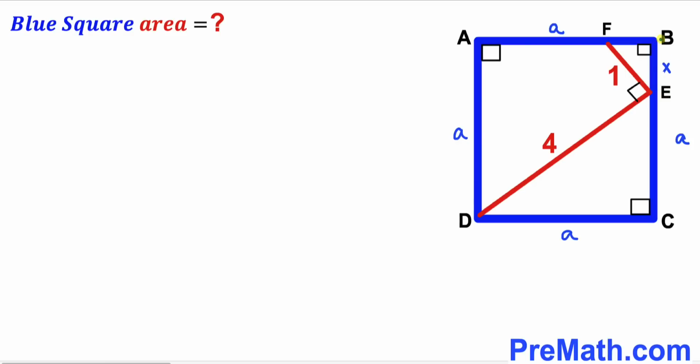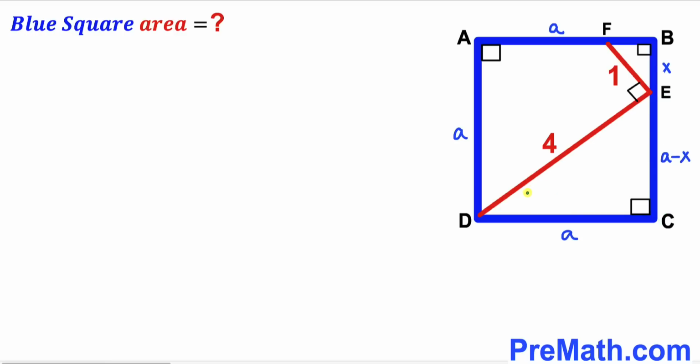Now let's make an observation. The whole side BC of the blue square is a, and the tiny segment BE is x. So therefore, segment CE is going to be a minus x.